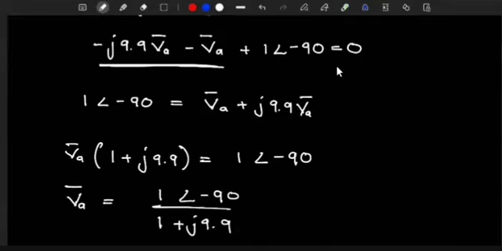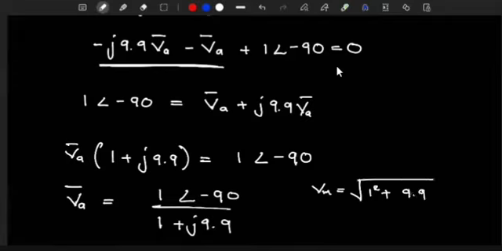Now at this point, it's a matter of how you solve this. Again, we can choose to use the method we used earlier: it's easier to divide when they are both in polar. So let's go polar. The magnitude can be obtained by getting the square root of x squared, which is 1, plus the square of 9.9.